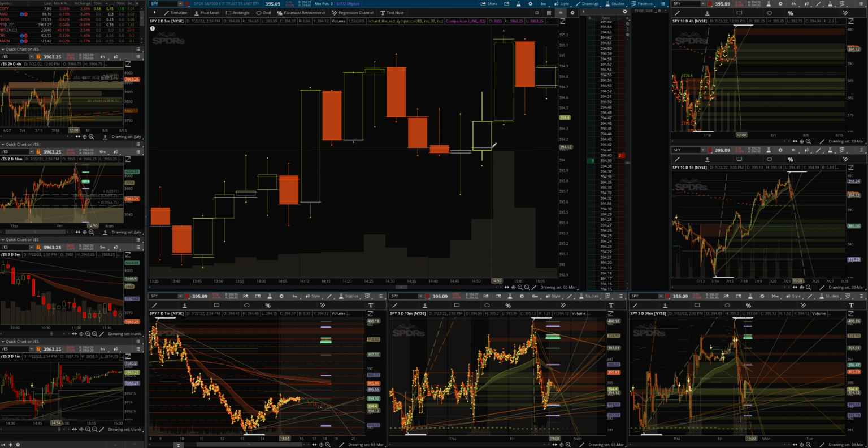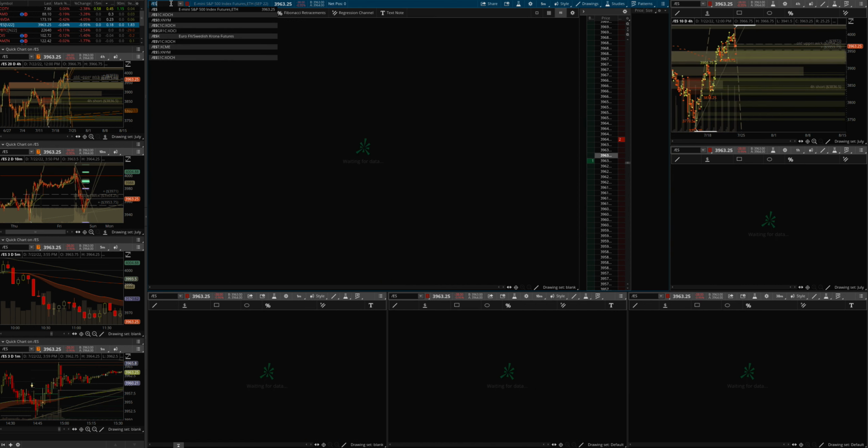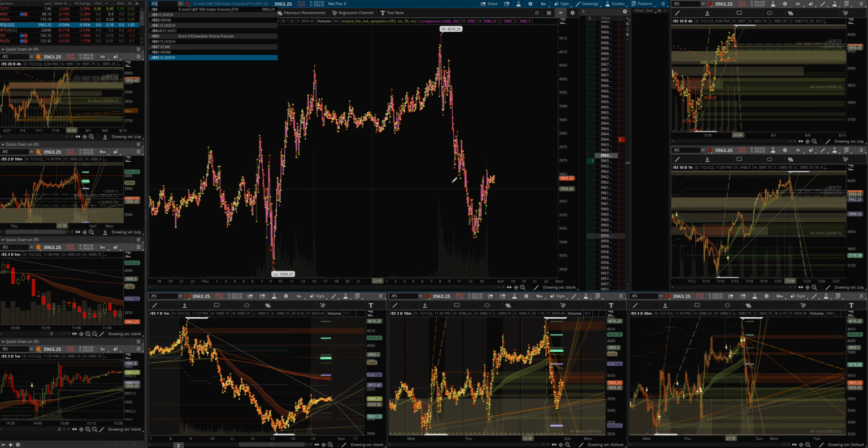And when it doesn't, computers can exploit those differences, with very small fractions of a move, to actually make money off of it. So you can see it's not exact. But if you were to take the ES and overlay it with ES, it's going to be perfect.